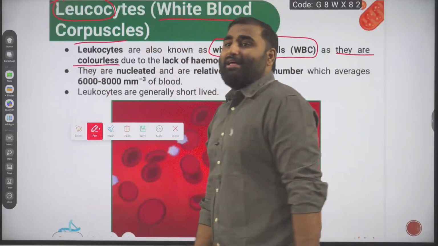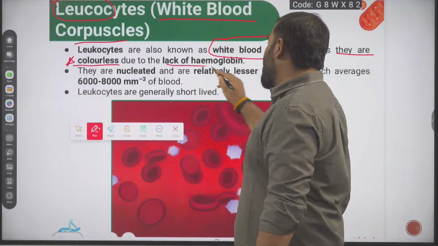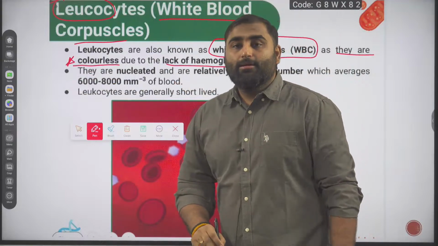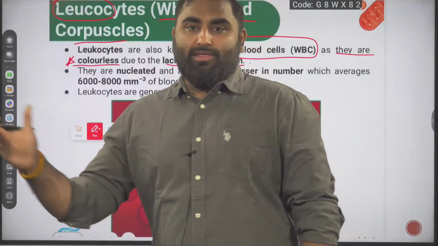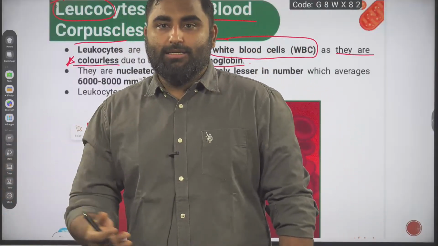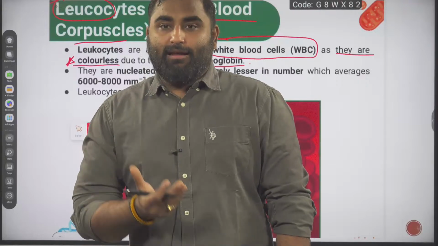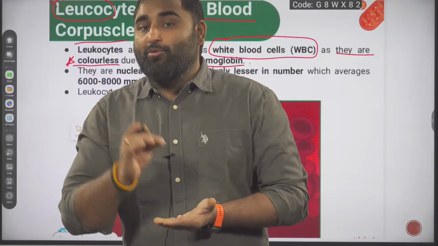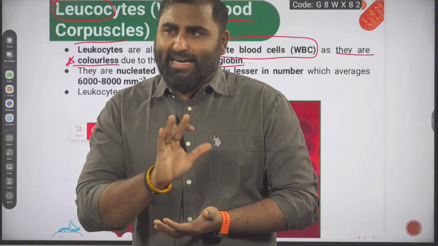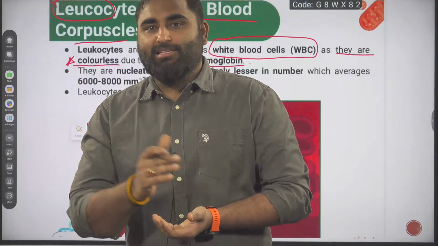They don't have any respiratory pigment; they lack hemoglobin. When you go to MBBS first year in medical college, in the physiology practicals, you will do RBC counting. During RBC counting you don't need any stain because RBC itself is colored and easily visible.